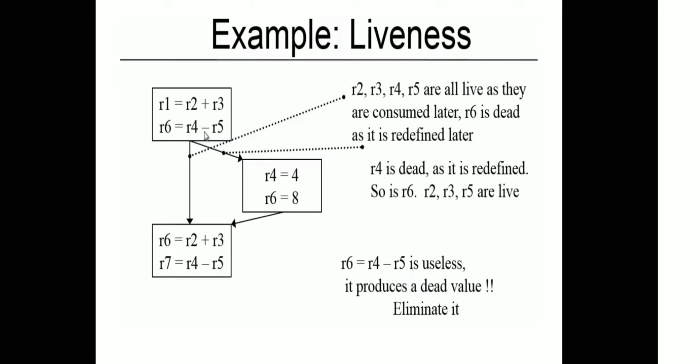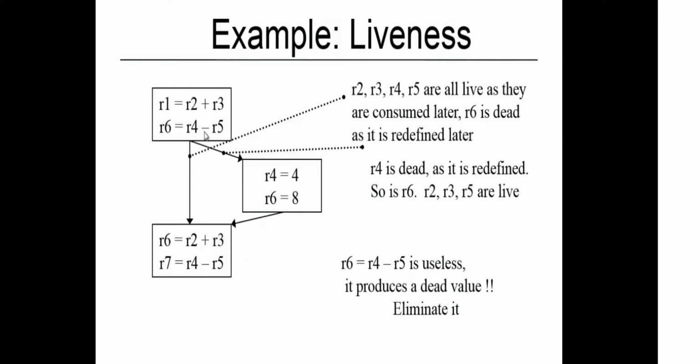So here the value of R6 is going to be redefined. So we say that R6 is dead because it is redefined over here. There is no need to compute the definition of R6 equals R4 minus R5, because there is a redefinition, so R6 is dead.